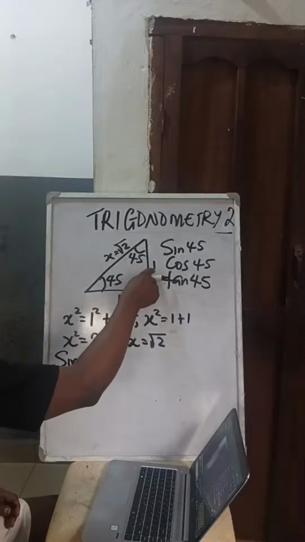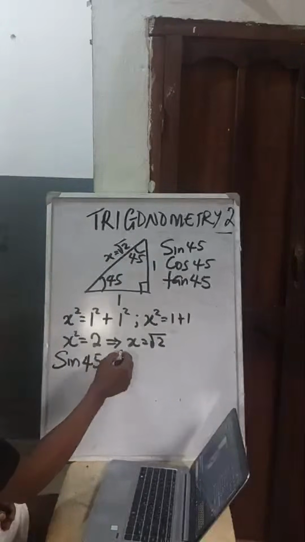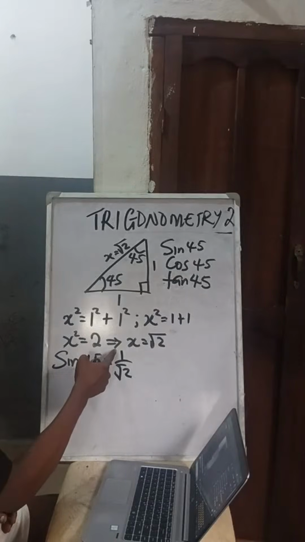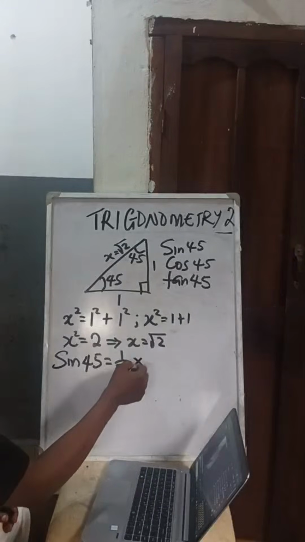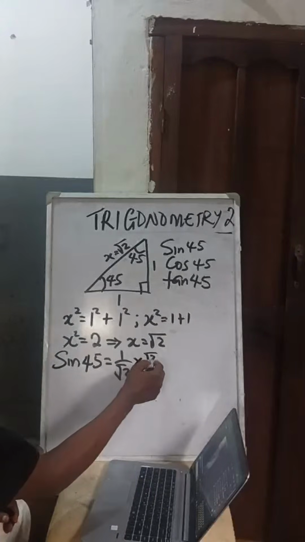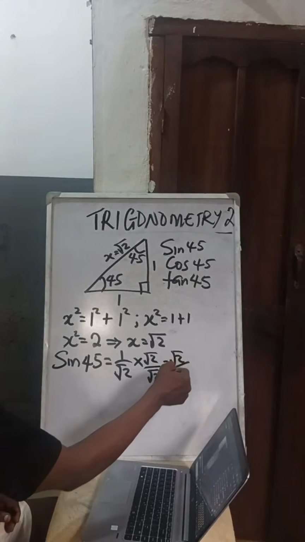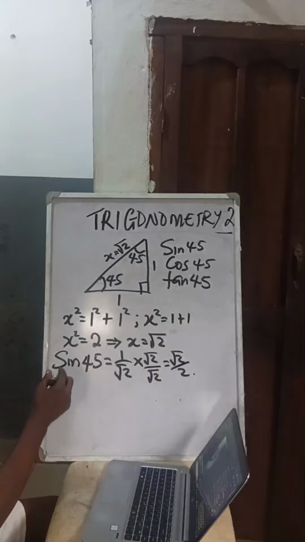So here now is opposite over hypotenuse, so 1 over root 2. But take note, you don't leave it like this, 1 over root 2. It's not possible. So you rationalize it. So you have root 2 over 2. So sine 45 is root 2 all over 2.